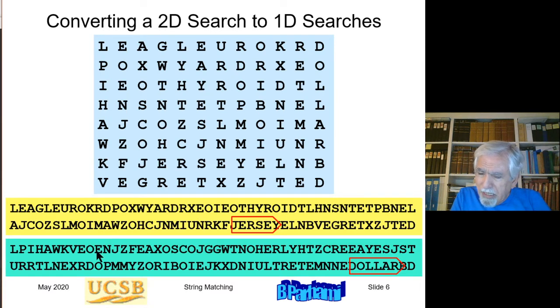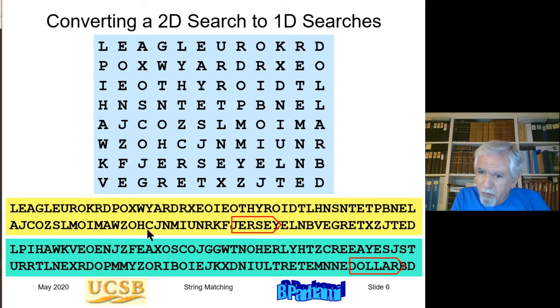So I make a second one-dimensional version of this puzzle that is aimed at finding the vertical words. So this one goes LPIHAWKV, then EOEN. So I go basically in column major order and put all the columns one after the other.